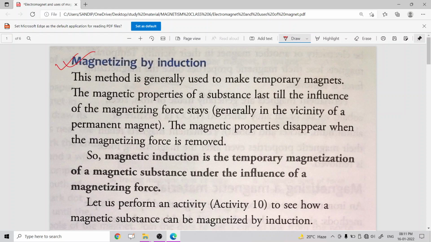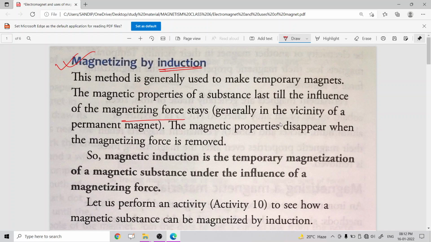Generally, this method is used to make a temporary magnet. In this process the magnetic properties of a substance last only as long as the influence of the magnetizing force stays.